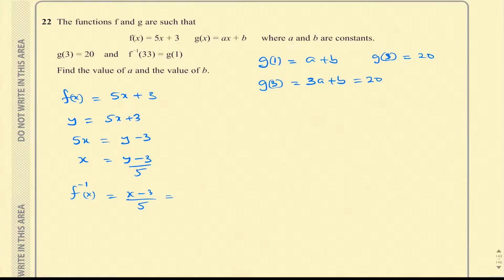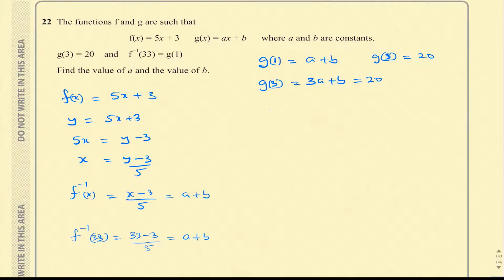And that inverse is equal to g(1), and g(1) is equal to a plus b. I need to replace the x with 33. So the inverse of f(33) equals (33 minus 3) over 5 equals a plus b.